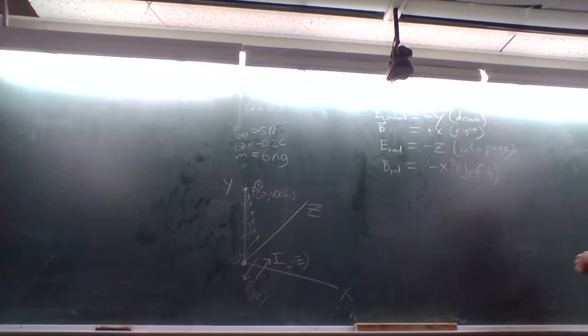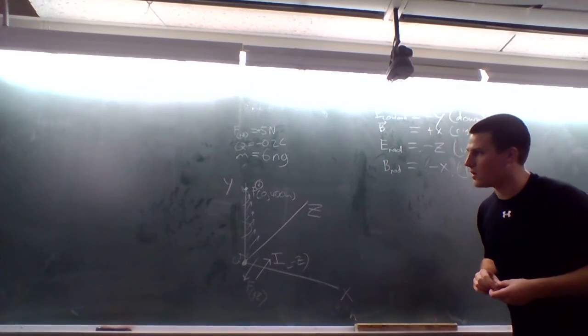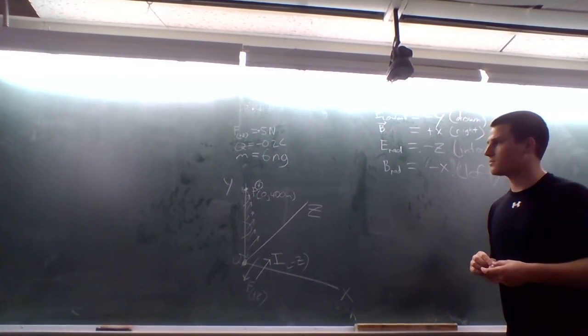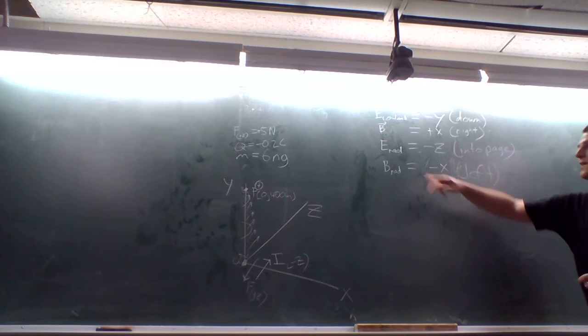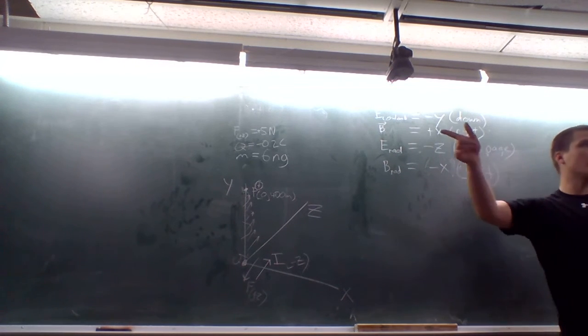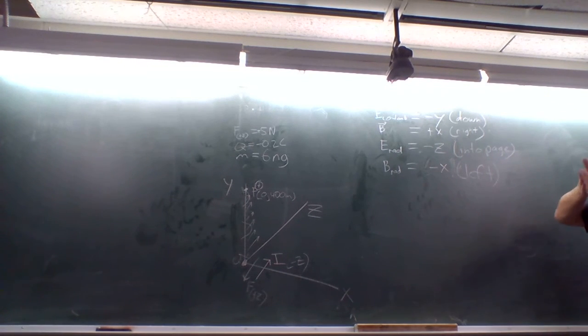So let's say for some reason the E radiation field was going to the left. Our velocity is still up, but if the E radiation was to the left, your fingers would then curl out of the page.